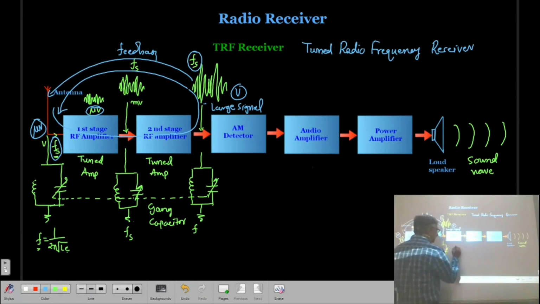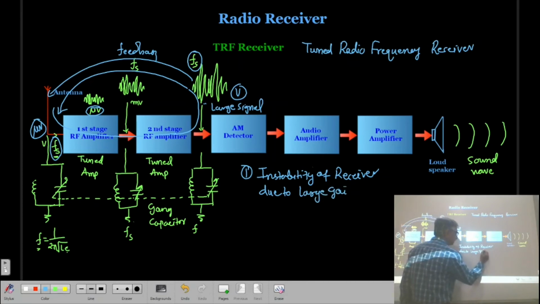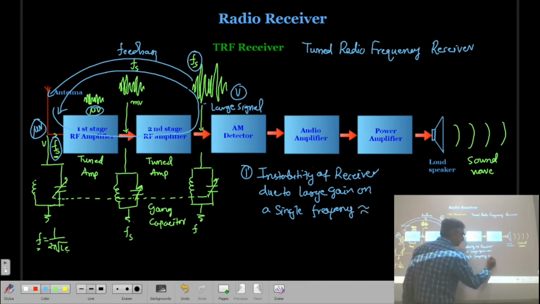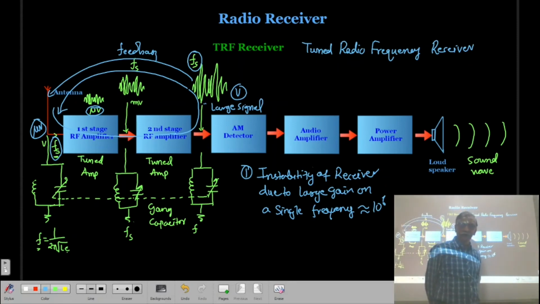So the disadvantage is the instability of the receiver due to a large gain on a single frequency. Almost this gain will be 10⁶. So the gain is very large and therefore the instability will be there.